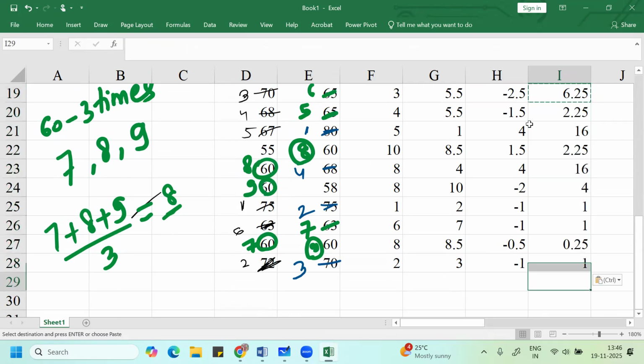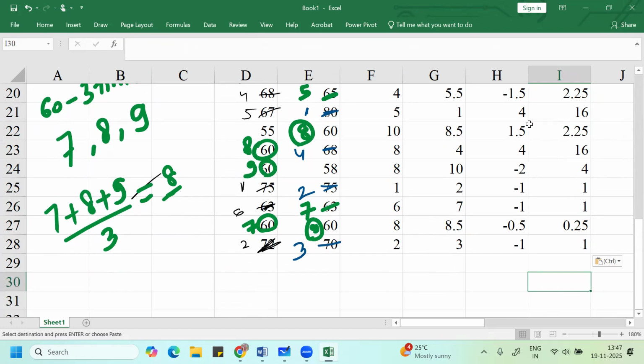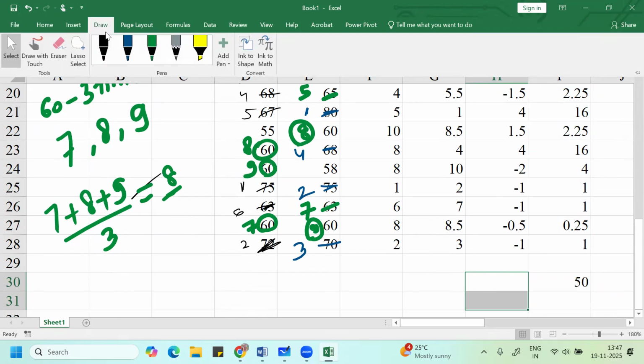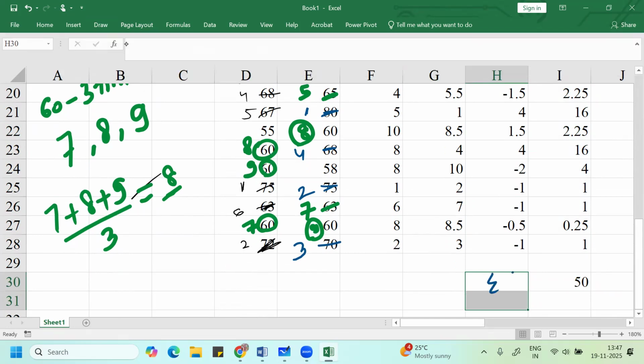I'll do the square of this difference, and then I'll do the sum. Sum of D square I'm getting as 50. So the sum of D square here is 50.